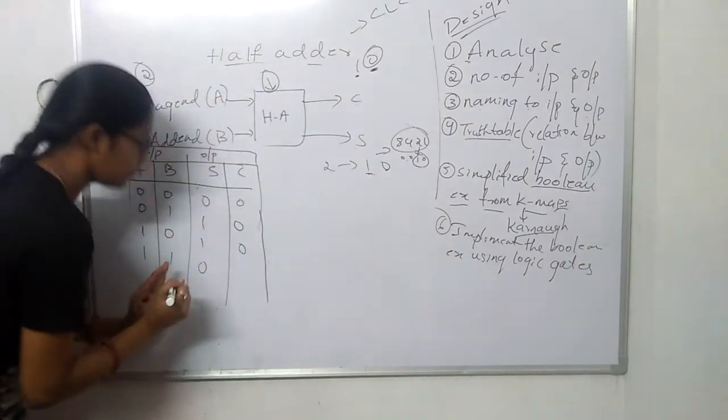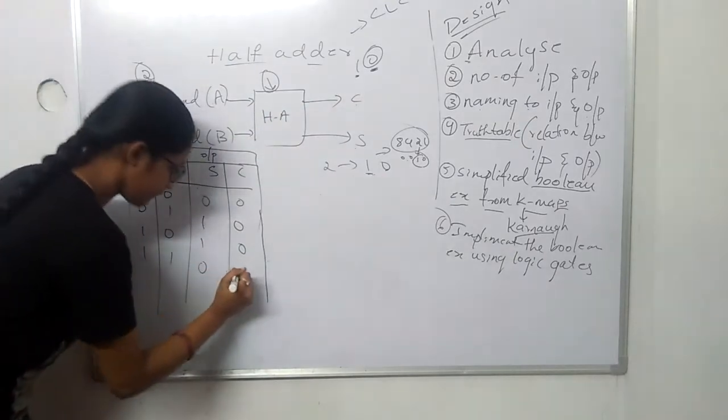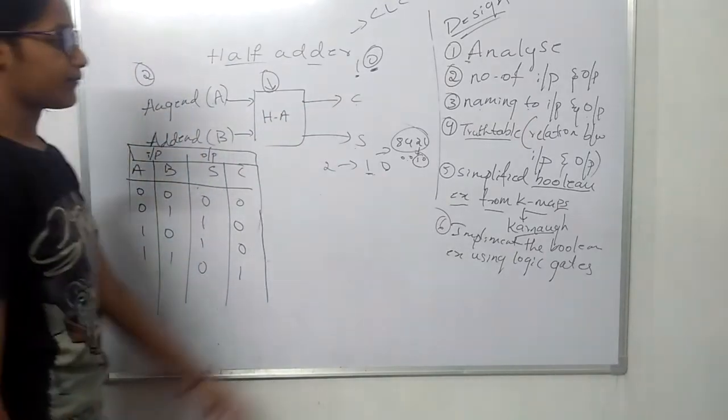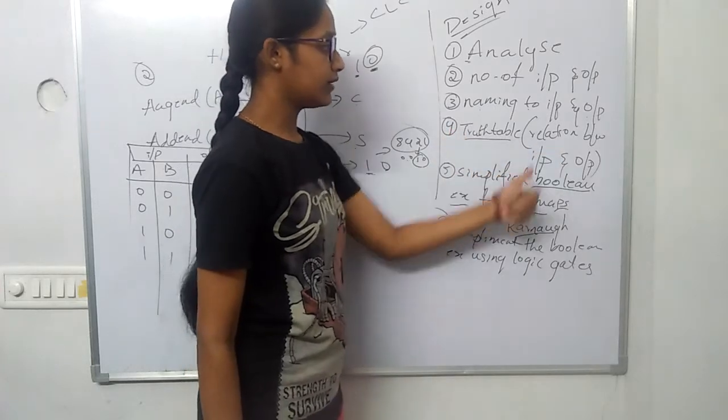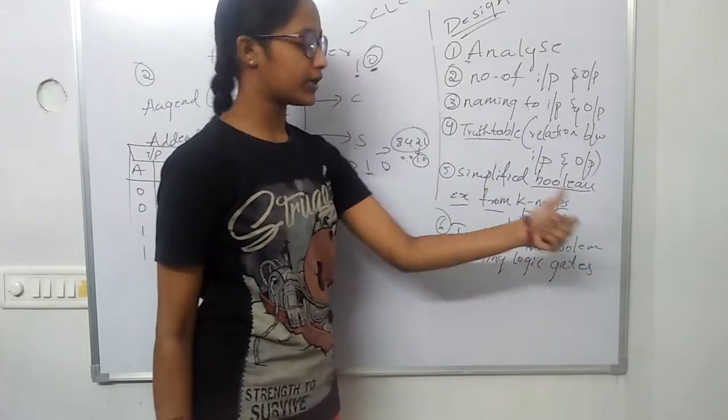So sum is 0 but we get carry 1. So step 4, the truth table, the relation between input and output, we have completed.